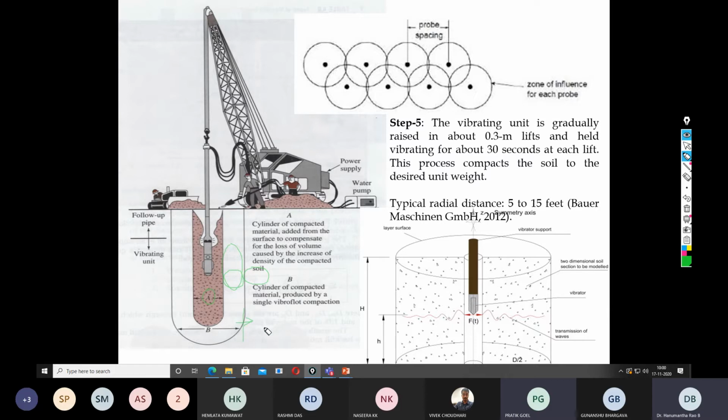Therefore, no energy transfer means no compaction. Okay, sir. So at the edge of zone B, we'll get the maximum shear strength. Yes, correct. Maximum shear strength means no disturbance to that soil at all. Okay.